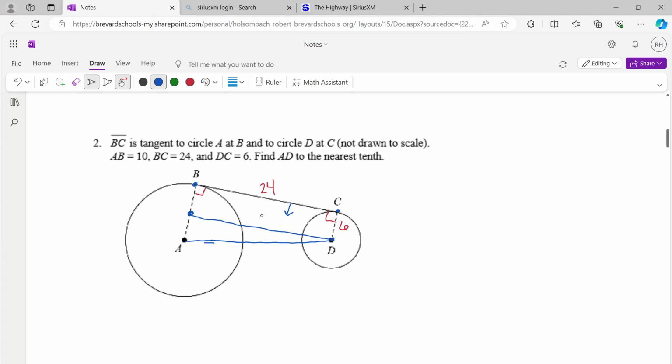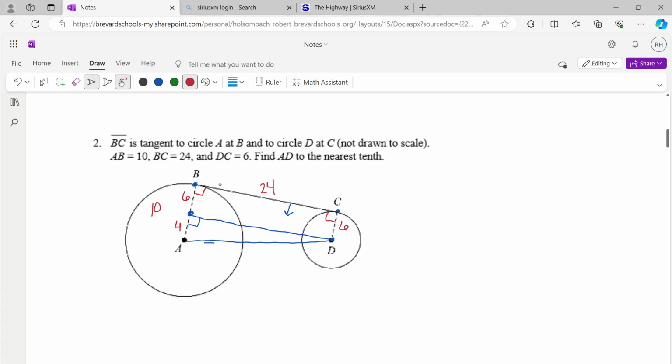And now since I slid it on a parallel, it still forms a right triangle. And if AB was 10 to begin with, and I moved it 6 units to keep it parallel, well, that makes this piece 4. All right, here's our 6, here's our 4.